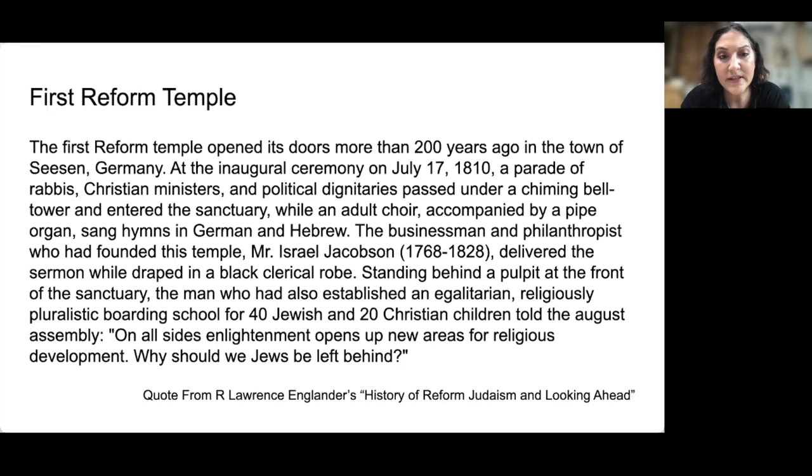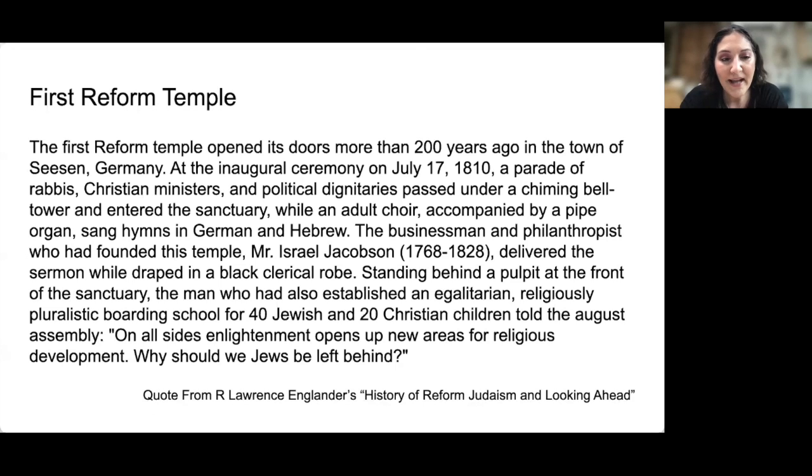At the inaugural ceremony on July 17, 1810, a parade of rabbis, Christian ministers, and political dignitaries passed under a chiming bell tower and entered the sanctuary, while an adult choir, accompanied by a pipe organ, sang hymns in German and Hebrew. The businessman and philanthropist who had founded this temple, Mr. Israel Jacobson, delivered the sermon while draped in a black clerical robe.